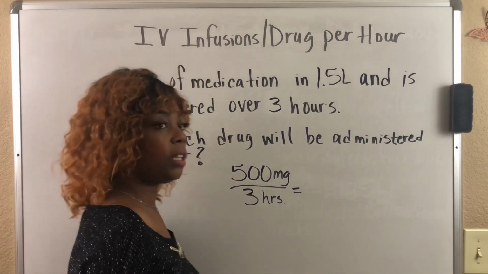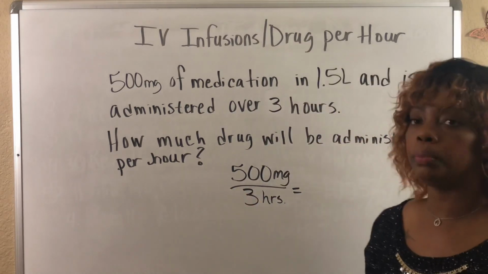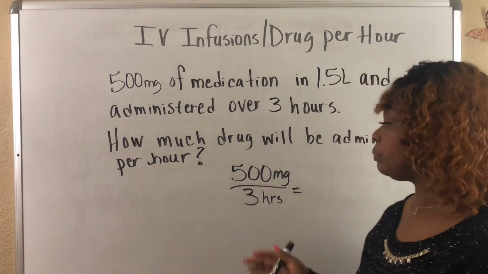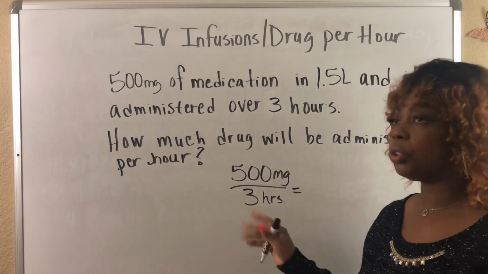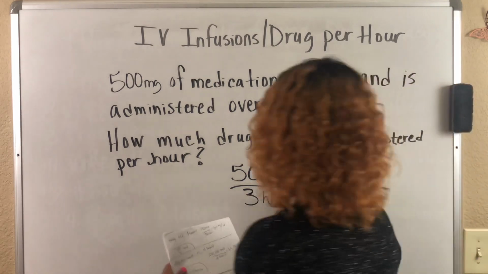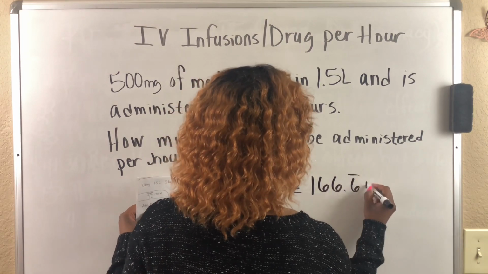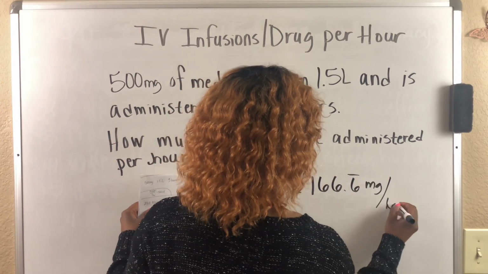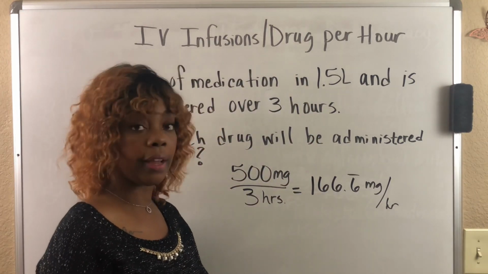I'll give you guys just a moment to do that. So in your calculator, 500 milligrams divided by, of course you can't put the milligrams, put 500 divided by 3. And what I came up with is 166.6 milligrams per hour. And if you have that, you are absolutely correct.